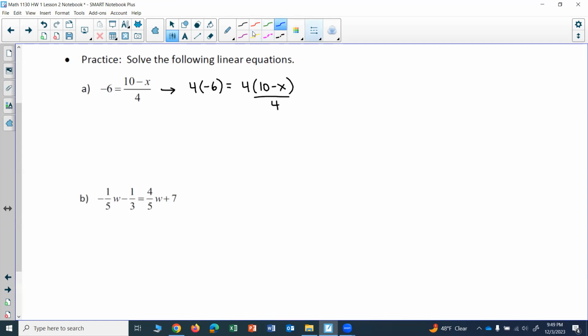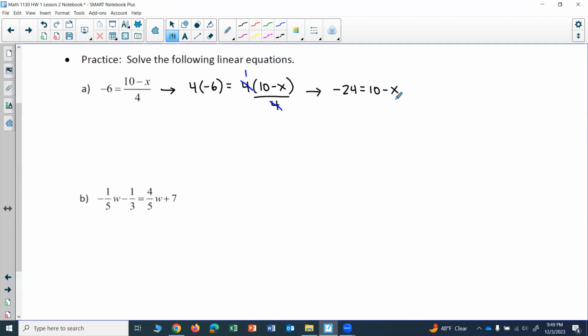Now 4 over 4 is equivalent to 1. So 4 over 4 would cancel and just leave me with a 1 there in front of the 10 minus x. And so I could just write it as 10 minus x. So my new equation becomes -24 equals 10 minus x.